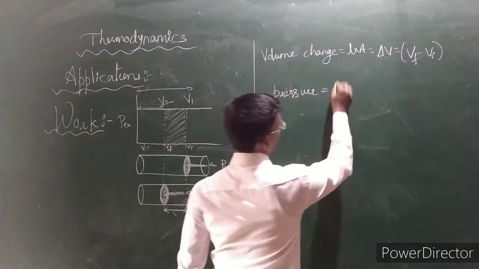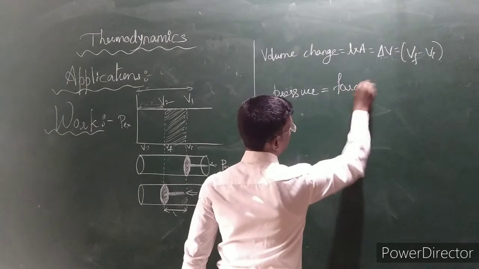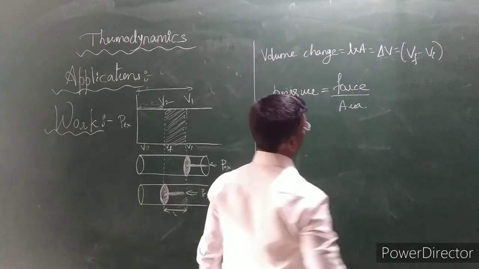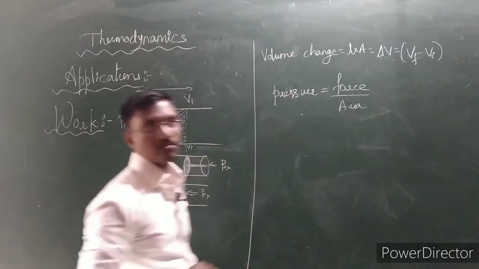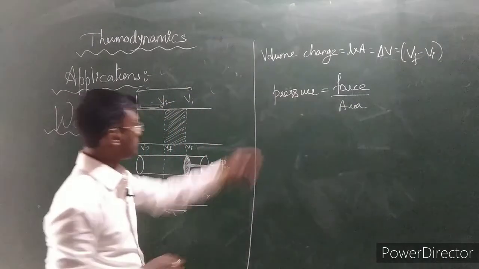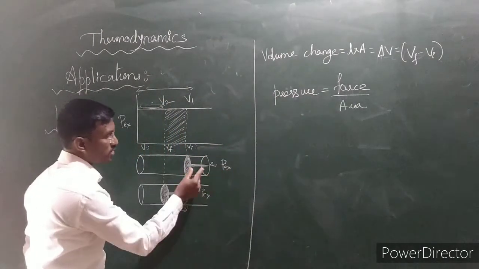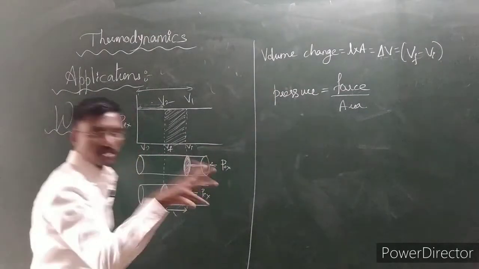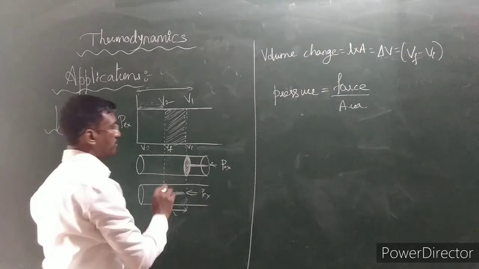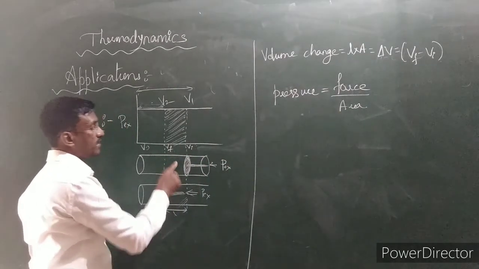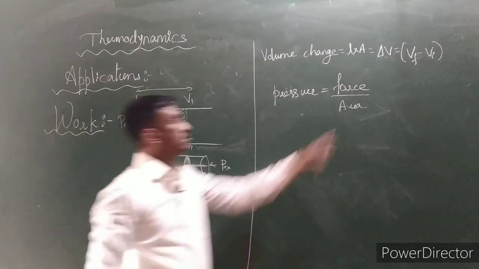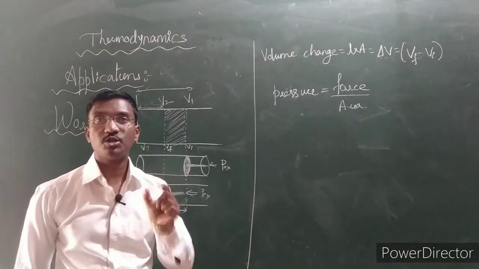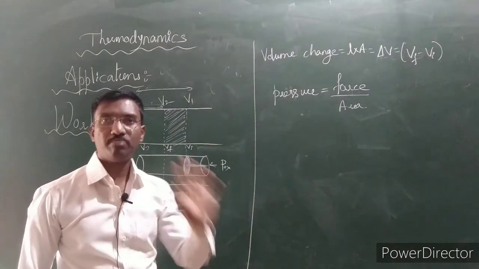Therefore pressure is equal to force per unit area. We apply force, and after applying that force it occupies some area, so force divided by area gives how much pressure is applied by the piston.